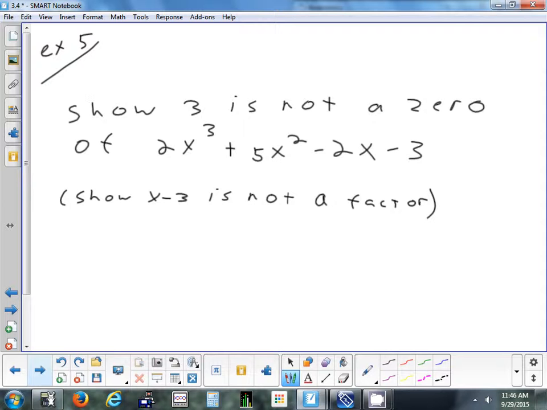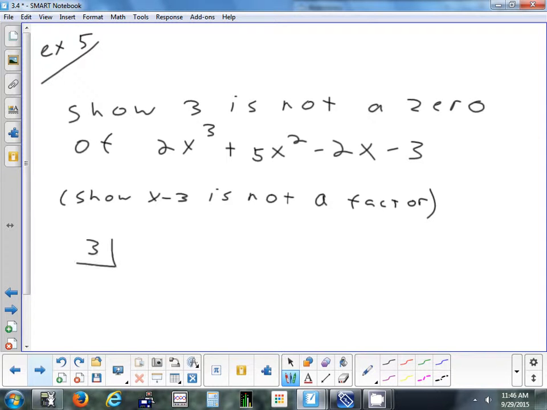And how do you show that something is not a factor? Divide it in and see if the remainder is 0. Yeah, divide it in, and we're hoping for a remainder that's not 0. So if we don't get 0, that's not a factor.